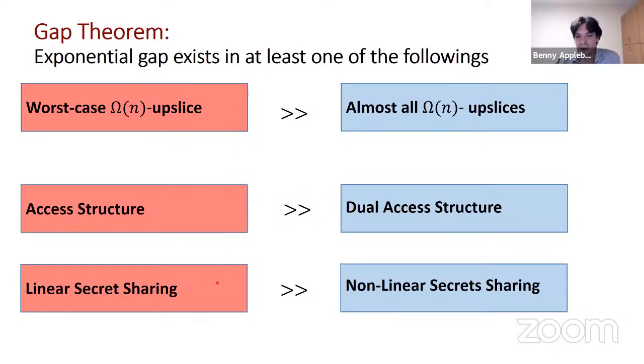Or there exists an exponential gap between linear secret sharing and nonlinear secret sharing. And here, when I say exponential gap, I mean that nonlinear secret sharing can go below this exponent of half. Namely that every function can be realized with an exponent which is 2 to the alpha n for some alpha smaller than half. So we don't know how to prove any of these separations individually, but we know that at least one of them holds.